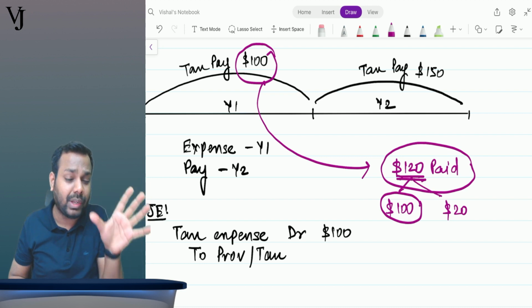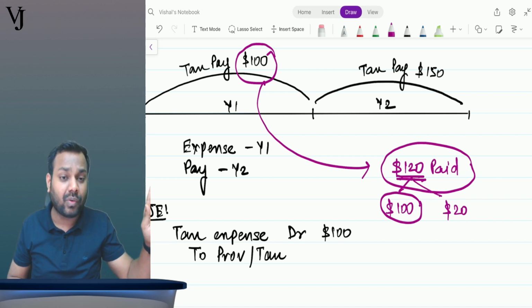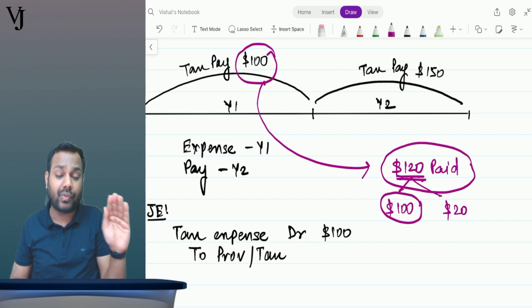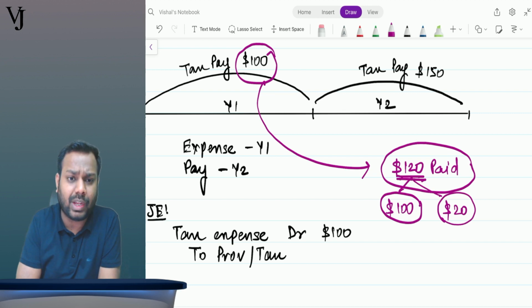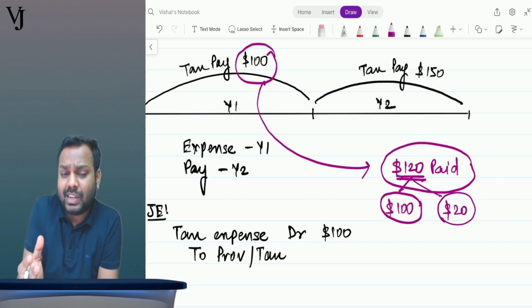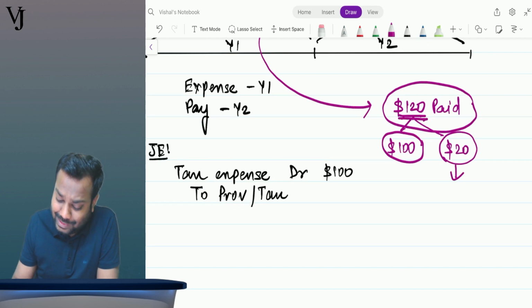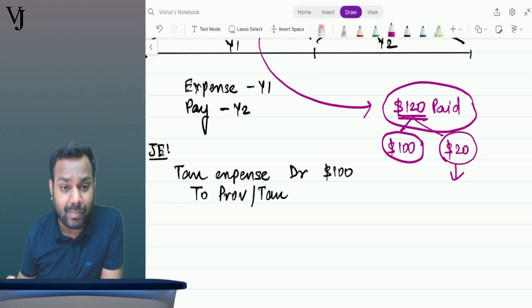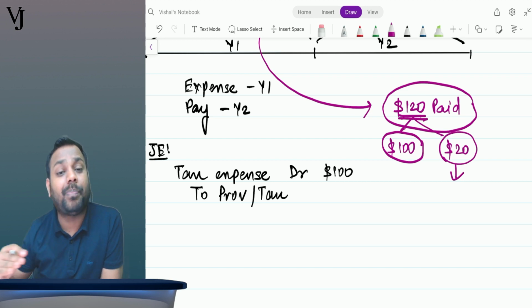The FS of year 1 is signed and closed. We cannot touch it. So how shall we treat this 20? This 20 is an expense of year 1, but is not recognized as an expense in year 1. So the standard says that since this is a change in estimate, you have to account for it prospectively.